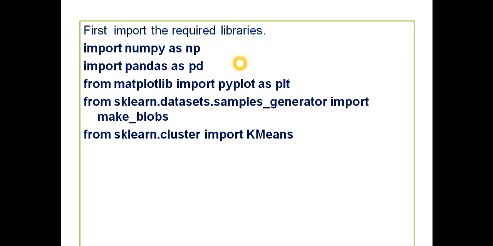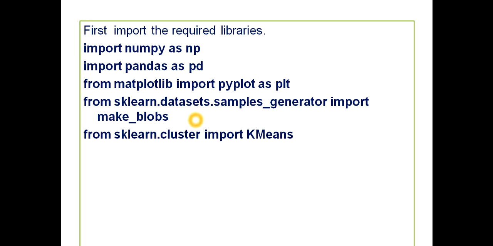Well, let's start. First, as always, you need to import the required libraries. In this case, import numpy as np, import pandas as pd, from matplotlib import pyplot as plt, and then this is the main important thing: from sklearn.datasets.samples_generator import make_blobs, and then from sklearn.cluster import KMeans.